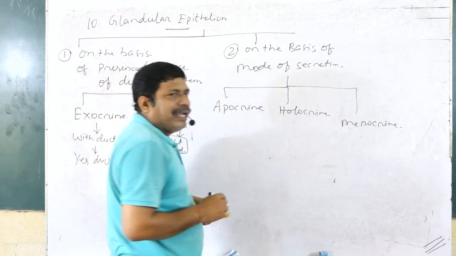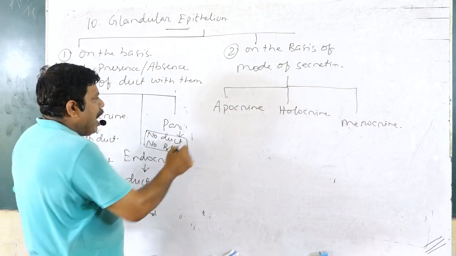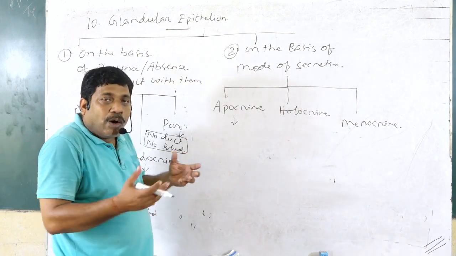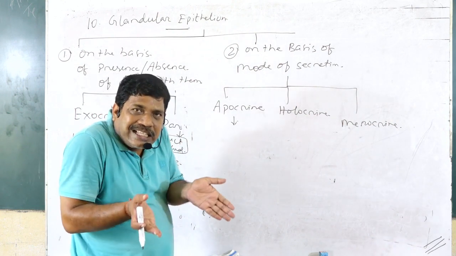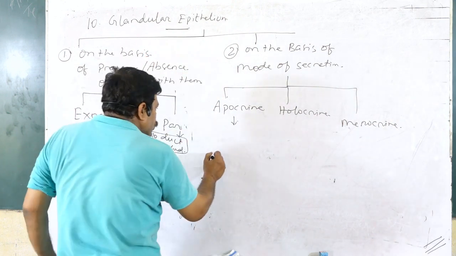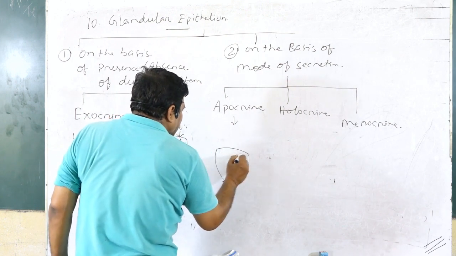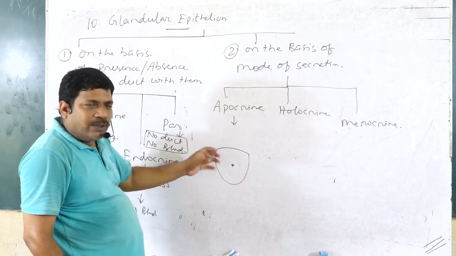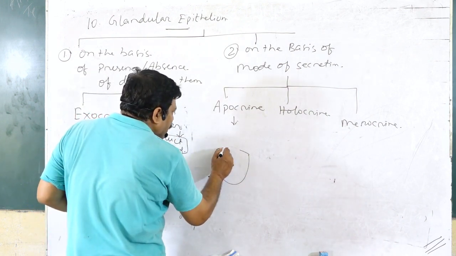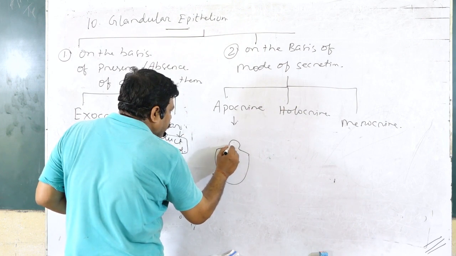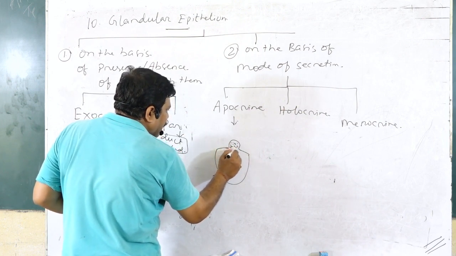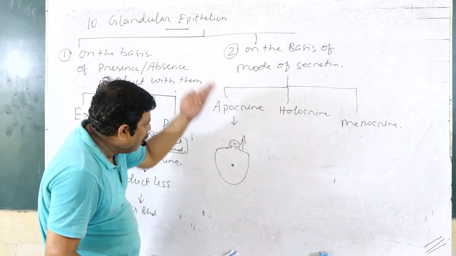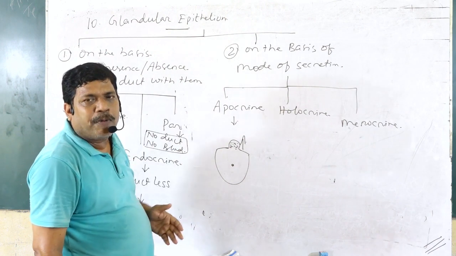This is on the basis of how the secretory substance is secreted from the cells. Suppose this is one glandular cell. What the gland secretes, the secretory substance first of all accumulates at its tip, then the secretory substance is secreted out along with the apical part. That is an apocrine gland.